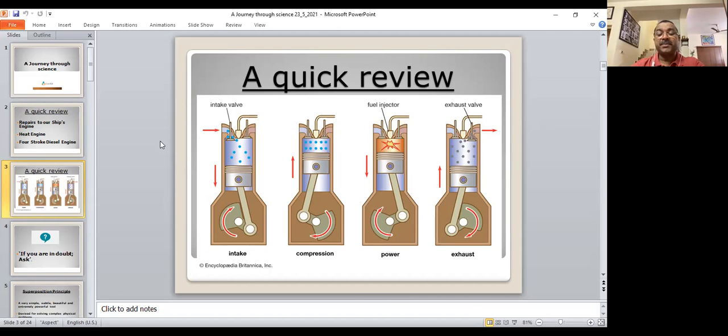So the piston will be pushed down by the engine. Actually, in this third stroke, the engine is giving power output, giving power to us. So we call this stroke the power stroke.